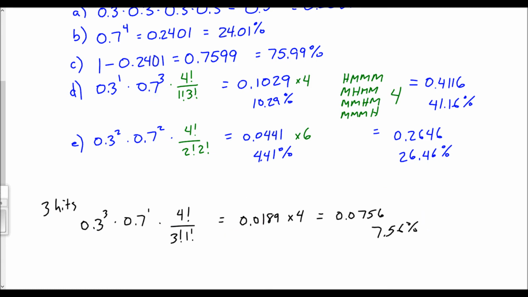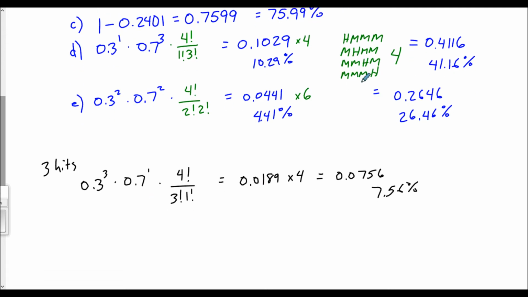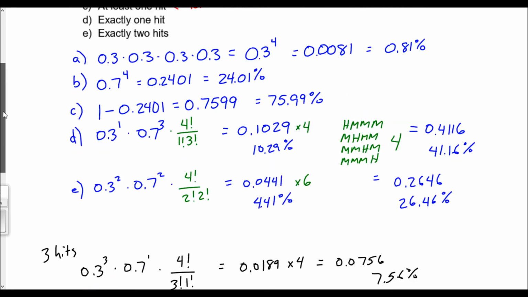Just to finish everything off, if we are talking about 4 times at bat, the probability that they're going to get 1 hit is 41.16%. Probability of getting 2 hits is 26.46. Probability of getting 3 hits, well, we just calculated that out as 7.56. Above, we calculated for 4 hits.